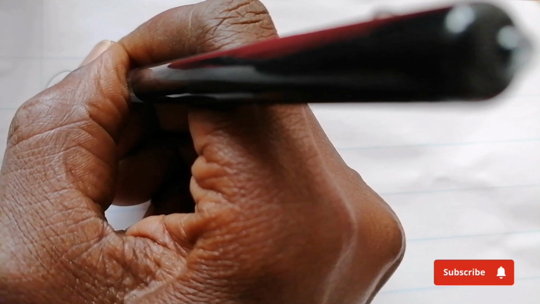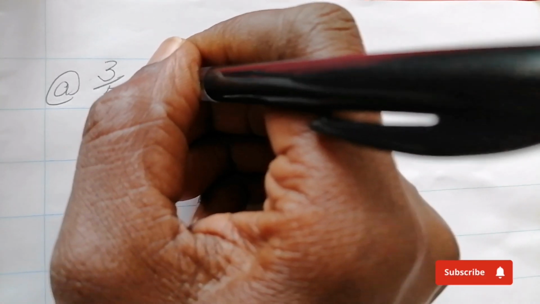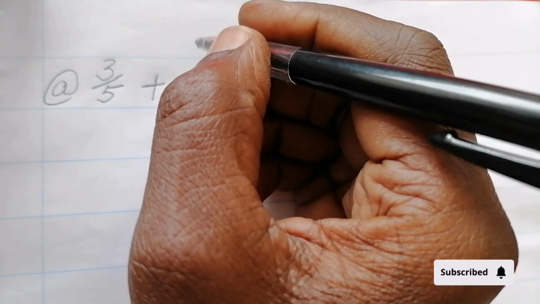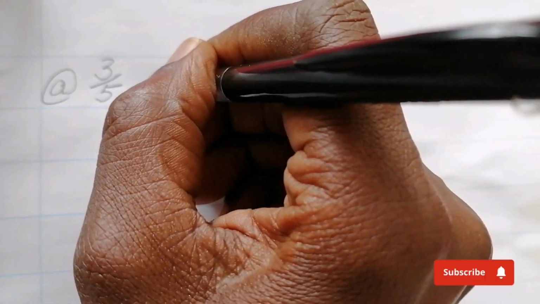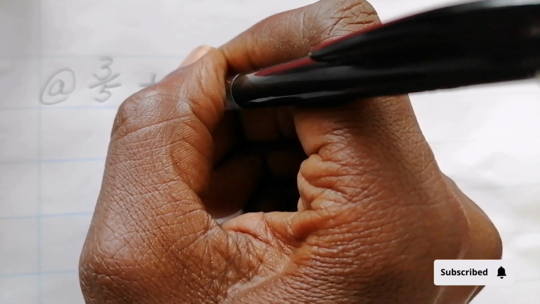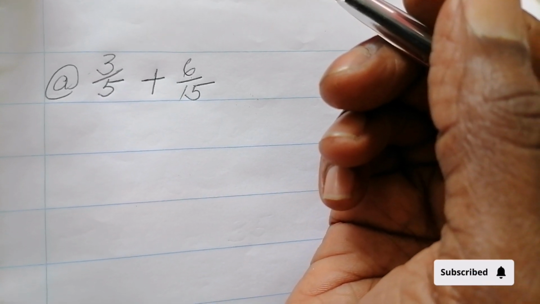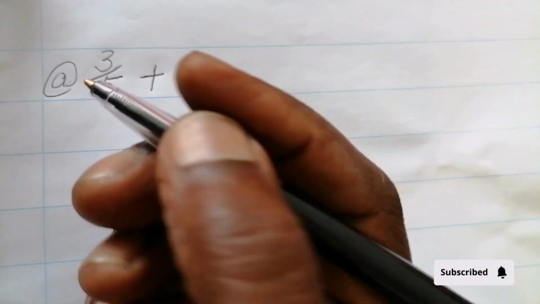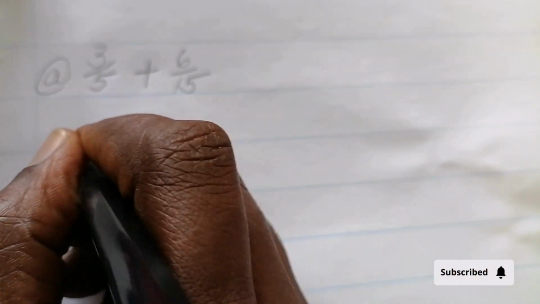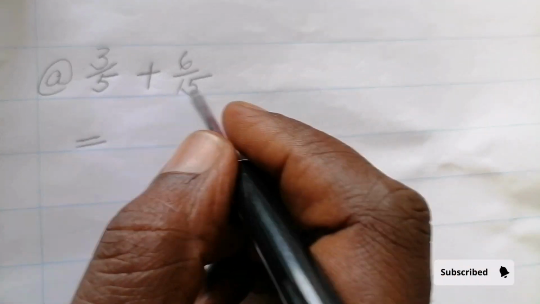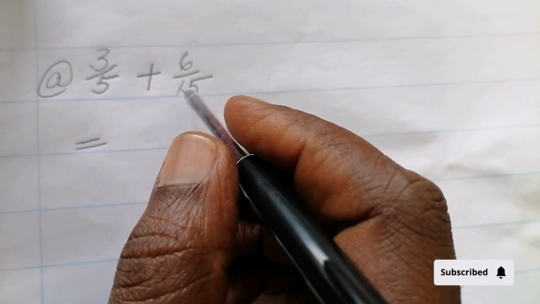3 over 5 plus 6 over 15 is equal to, let's find the lowest common denominator there.